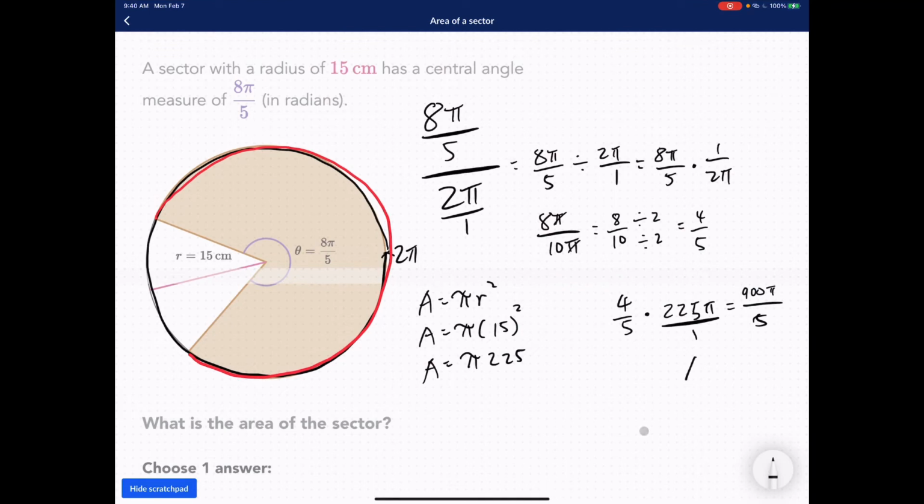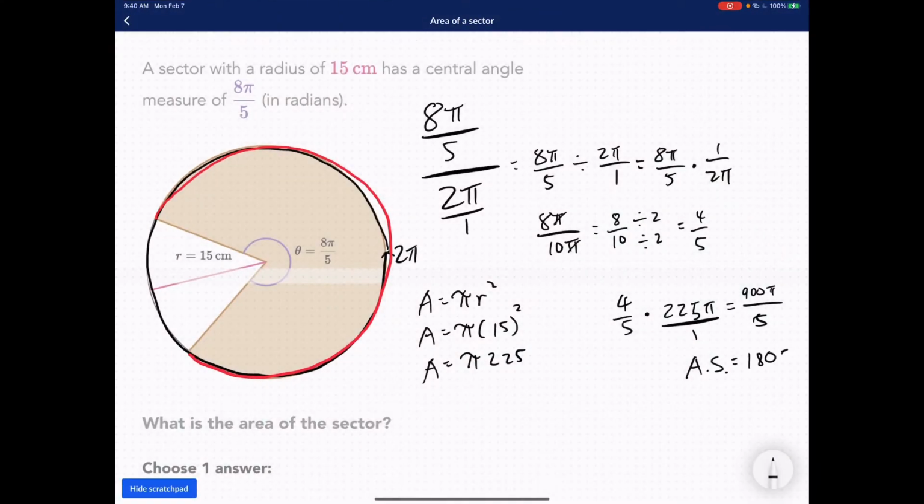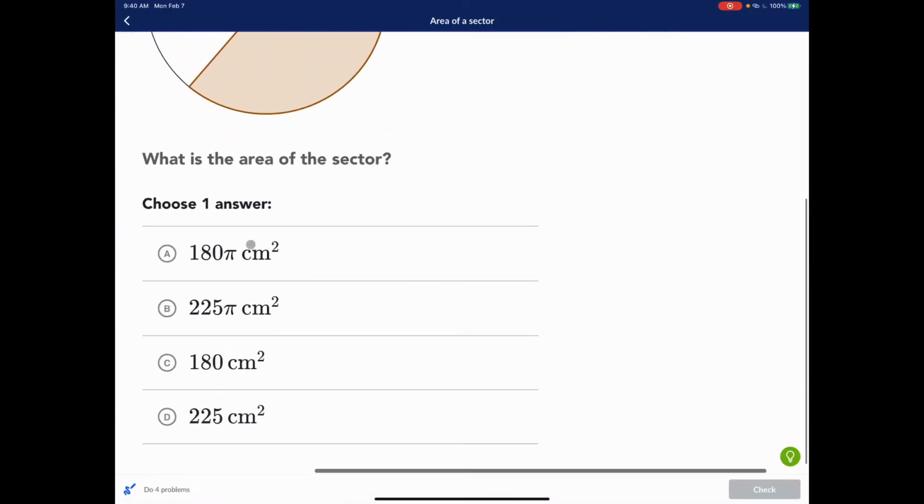So the area of the sector is 180 pi. This colored area is going to be 180 pi centimeters squared.